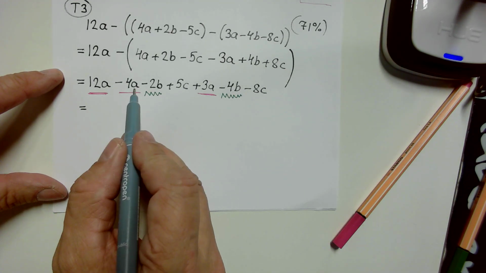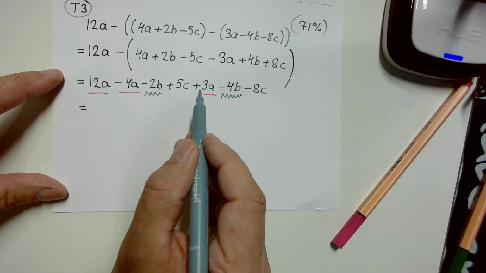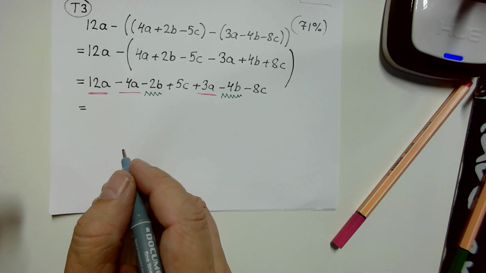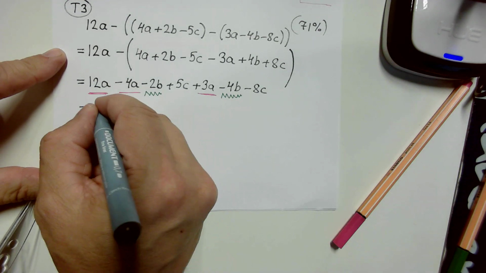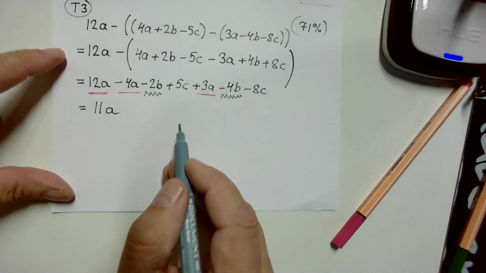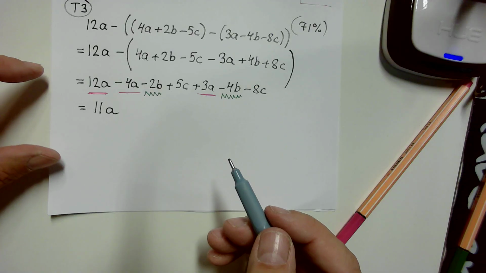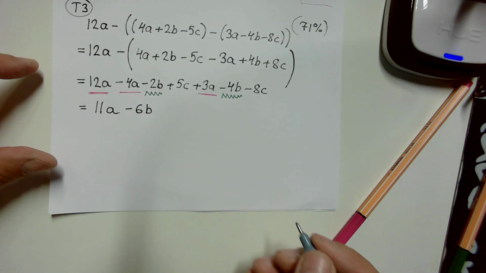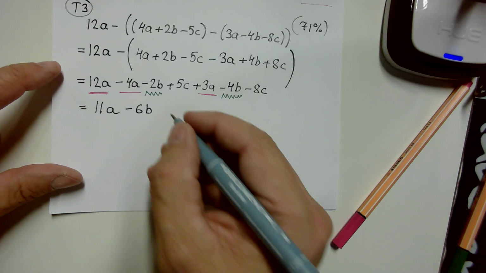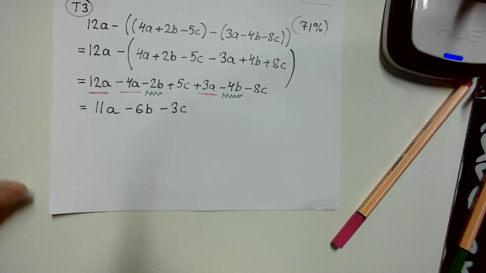What will we get if we add these A's together? And how about B's? -6B, yes, and -3C. Yes, so this is the answer of that problem.